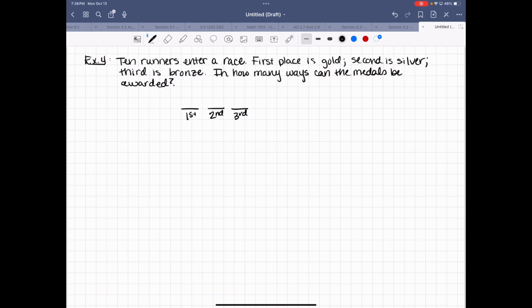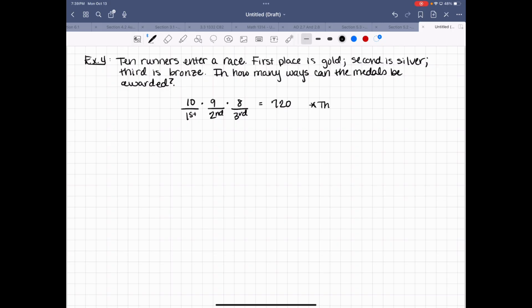But, okay, how many people could get that first place marker? 10. Okay? Then how many could get the second place? 9. And how many could get the third? 8. Gives me a possibility of 720 different ways to award those 3 medals out of 10 people. Okay?